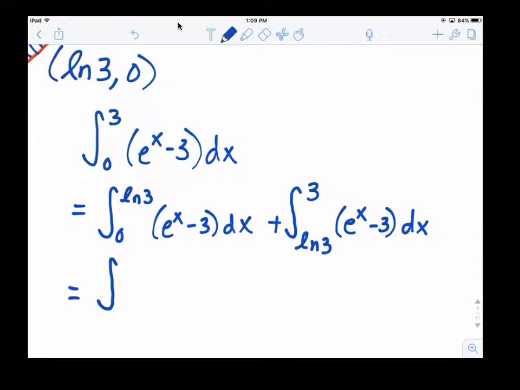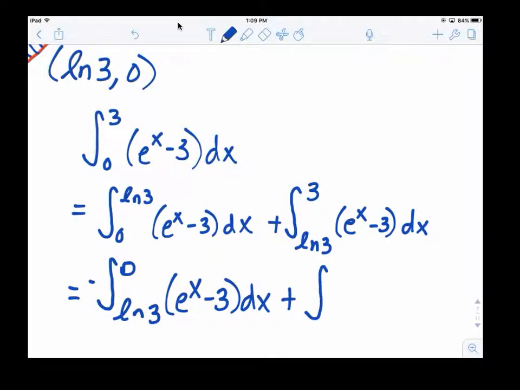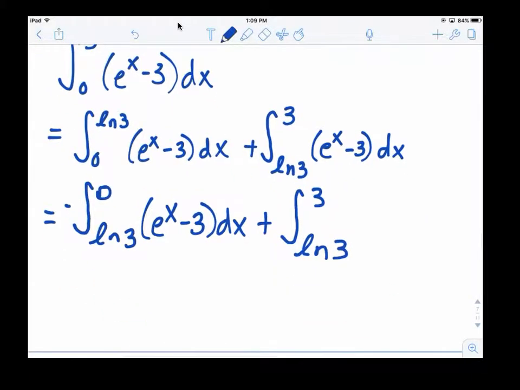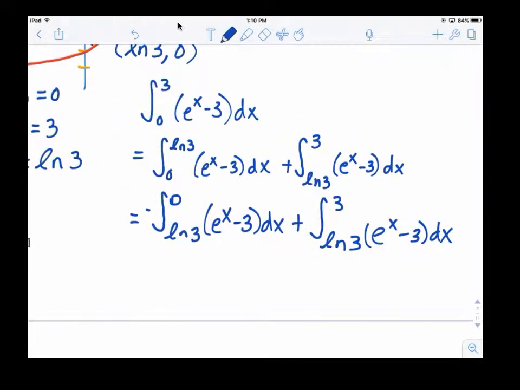That's if you're condensing down. We're trying to expand. You flip the upper and the lower bound.